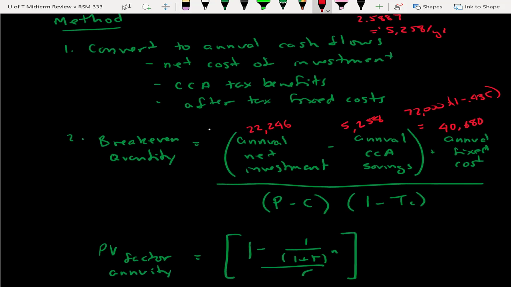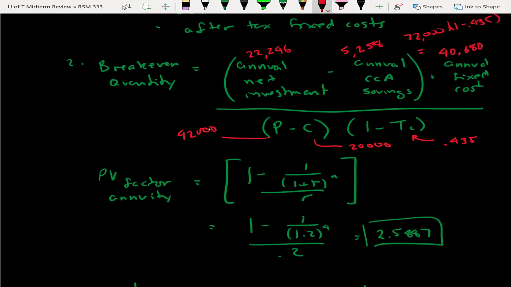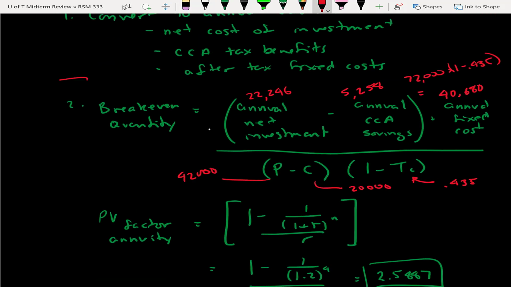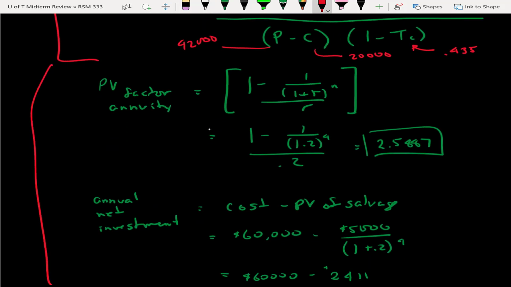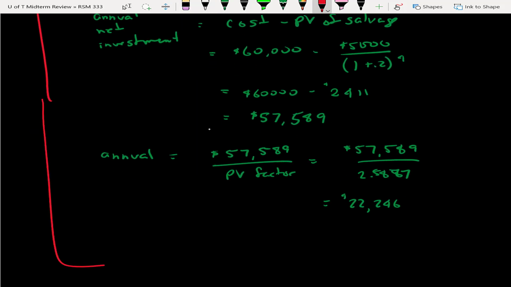The stuff at the bottom is given: the price was 42,000, the cost was 20,000, and the tax rate was 43.5%. If I plug all of that into the formula, I get a final answer of 4.64 trucks.